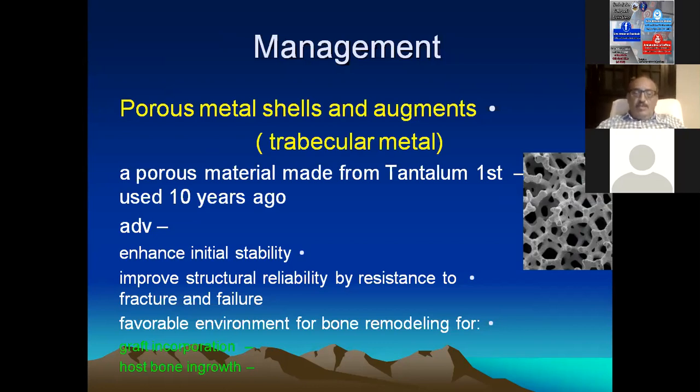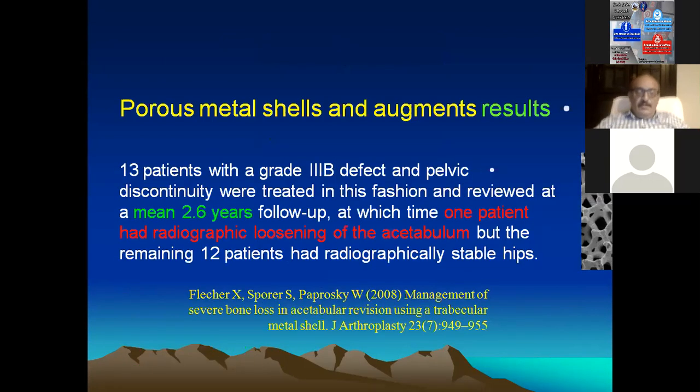It improves structural reliability by resistance to fracture and failure, and also it is a very favorable environment for bone remodeling and host bone ingrowth. It is very spongy. Bone from the host will go inside these grafts, which fills the defects. It is very useful. It is not without hazards.